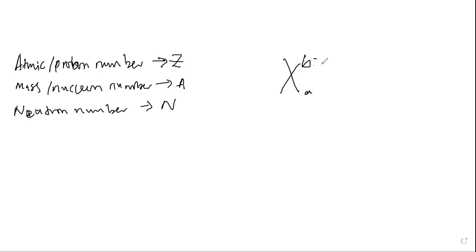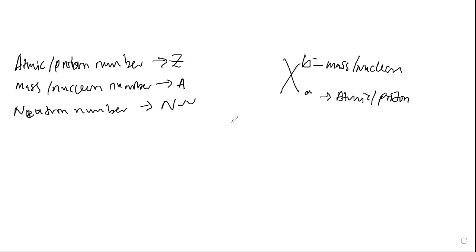Then we said this is the mass of the nucleon, and this is the atomic or the proton number. Now, we can't see anything related to the neutron number on this notation.